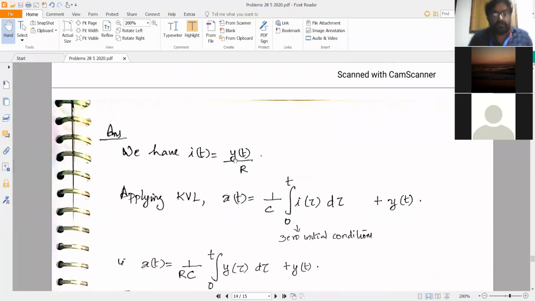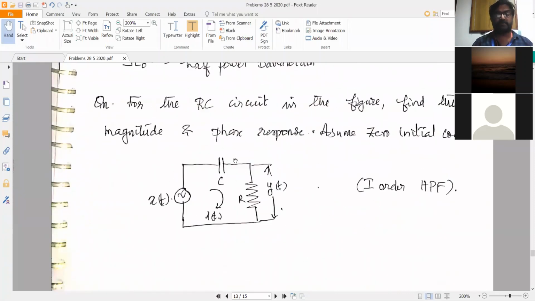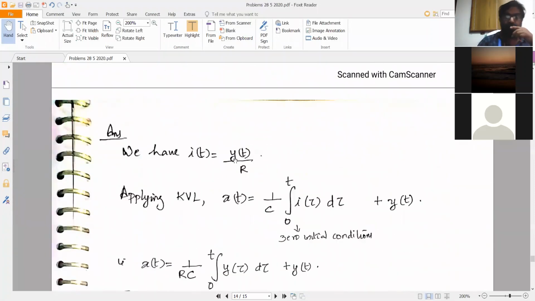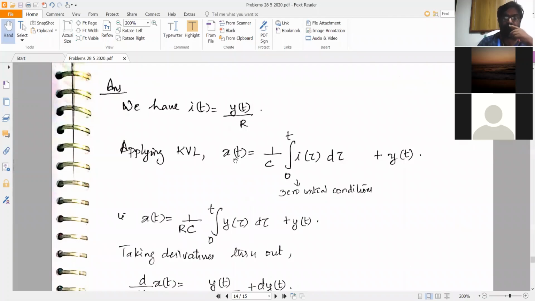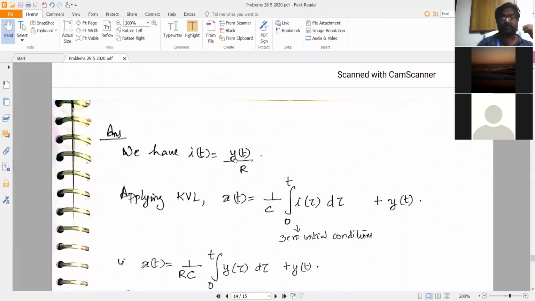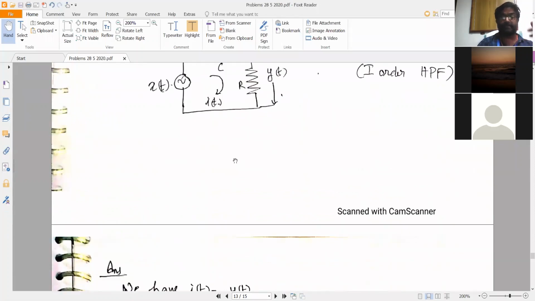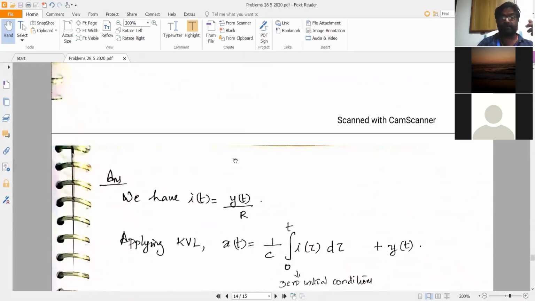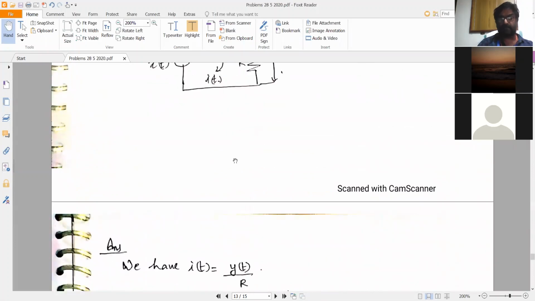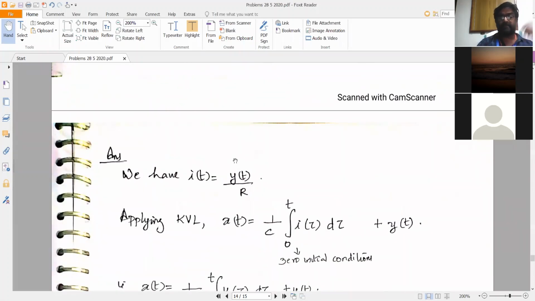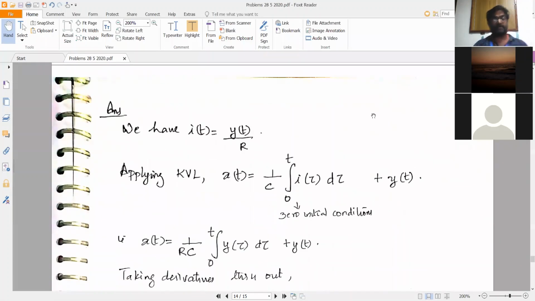Now, for this system, i of t is equal to y of t by R. The current through the circuit is y of t by R. So, if you apply Kirchhoff's voltage law, you can write x of t is equal to 1 by C integral minus infinity to t i of tau d tau plus y of t. Since you have zero initial conditions, you don't have to write minus infinity to t. Instead, you can just write integral 0 to t.